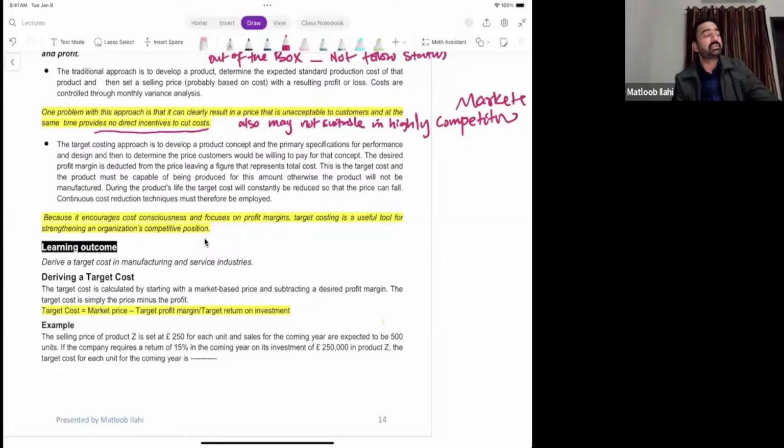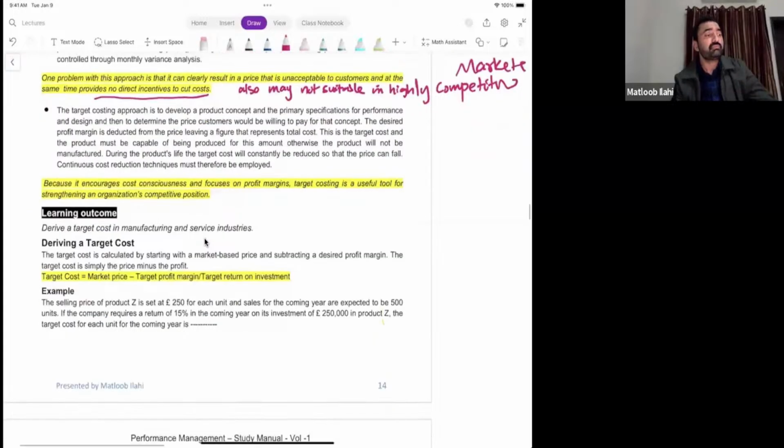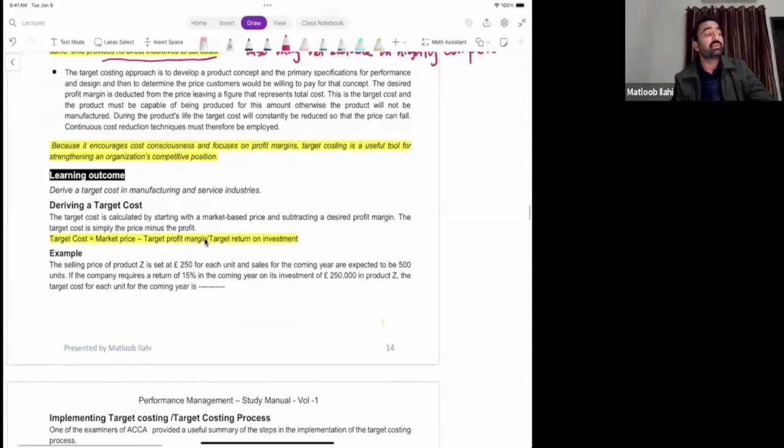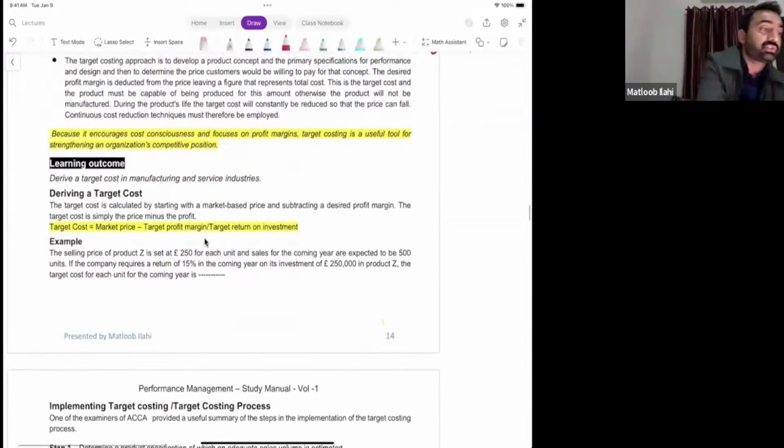Okay, all right. So next, learning outcome: derive target cost in manufacturing and service industries. Yes, performance management questions can test your knowledge of these concepts.